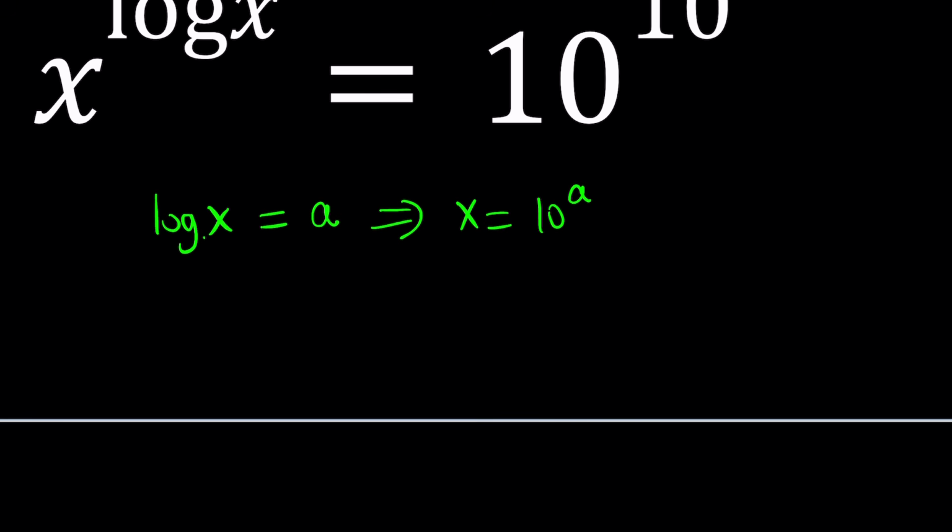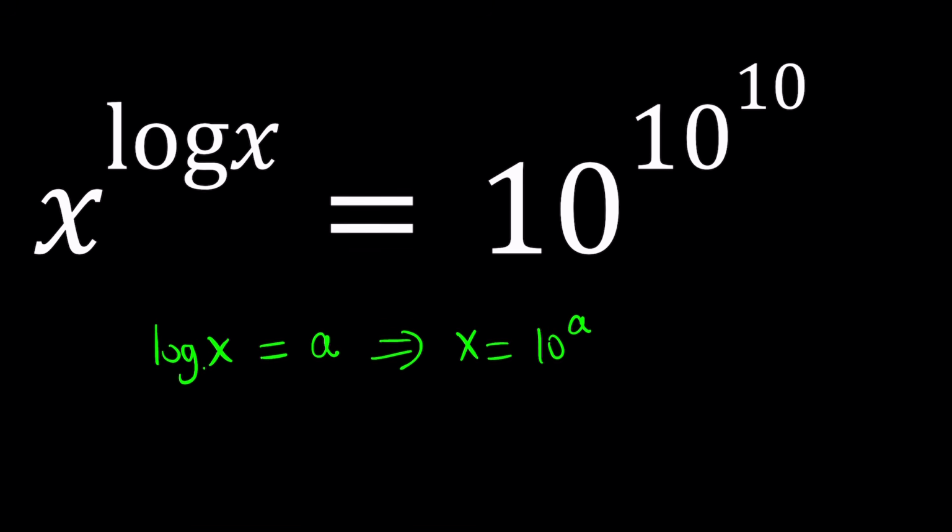So in a way, we're assuming that x is a power of 10. Doesn't have to be an integer power, doesn't have to be a rational power, doesn't have to be irrational power. Some power of 10, okay? And now we can plug it into our equation and try to solve for that one.